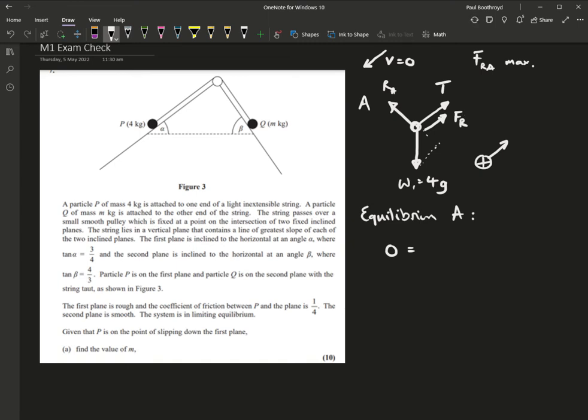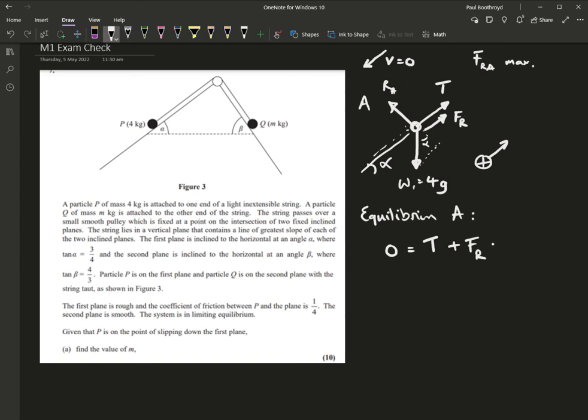Things trying to pull me up are my tension and my friction, and what's trying to pull me back is the weight parallel to the slope. Given that the angle here is alpha, that means alpha must be here by similar triangles.